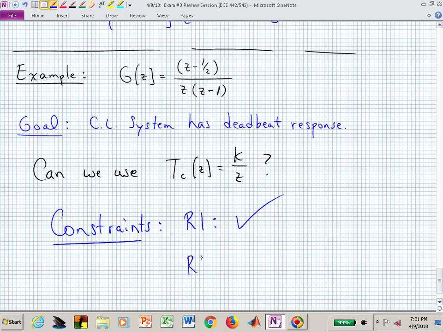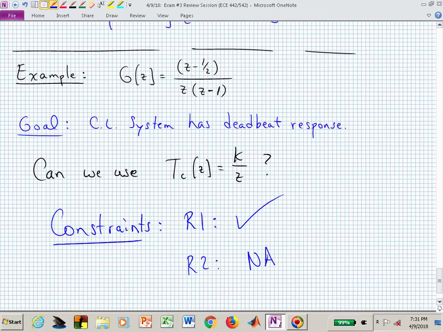Restriction 2. So what's restriction 2? Zeros. We're starting upstairs first. Do we need to worry about this one? Not applicable.